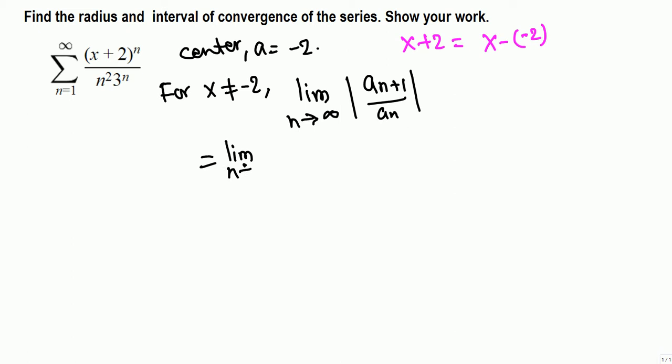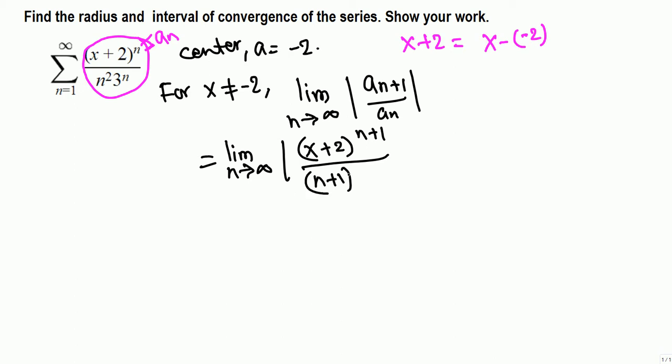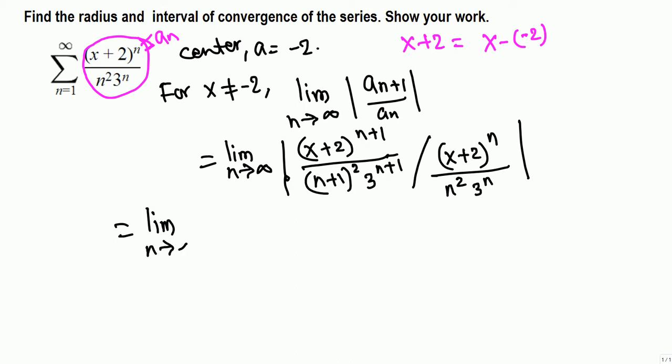By the way, this is a_n, so a_(n+1) is obtained by replacing n throughout by n plus 1, so that's (x plus 2) raised to n plus 1 over (n plus 1) squared times 3 raised to n plus 1, divided by a_n. a_n is given here: (x plus 2) to the n over n squared times 3^n.